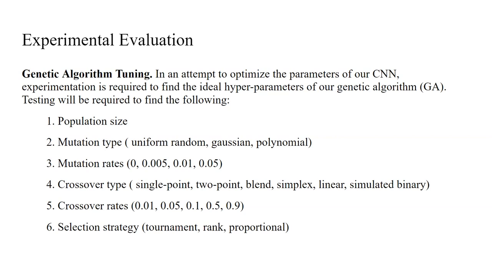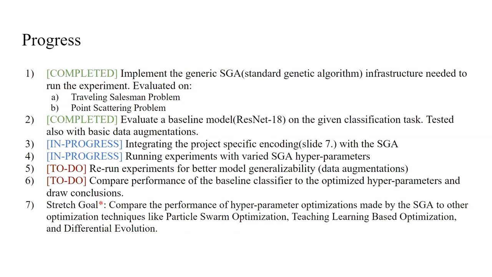In terms of progress, I've implemented the generic standard genetic algorithm infrastructure to test the experiment, and I've tested it on the traveling salesman problem with 40 cities and the point scattering problem, which is finding the sum of the minimized distance of endpoints within an enclosed circle of unit radius 1.